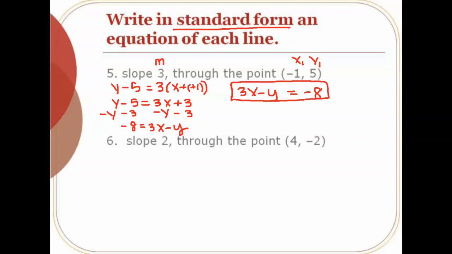In example number 6, my slope is 2, and my point is x1 being 4, and y1 is negative 2. So I'm going to plug into my equation: y minus y1 equals my slope, x minus x1. We're going to simplify the minus a minus and turn it to a positive, as well as distribute the 2.